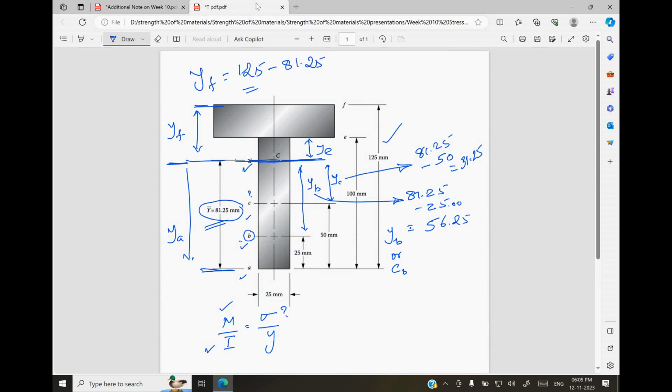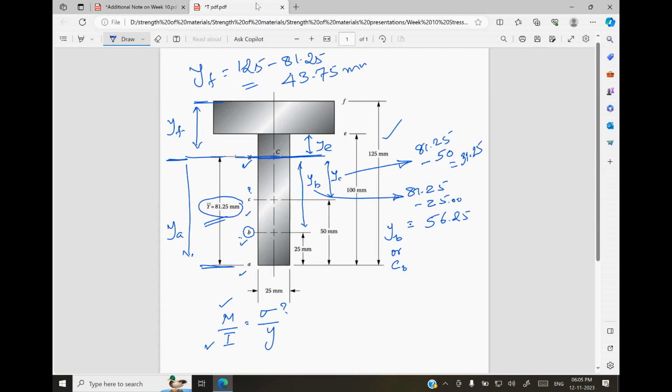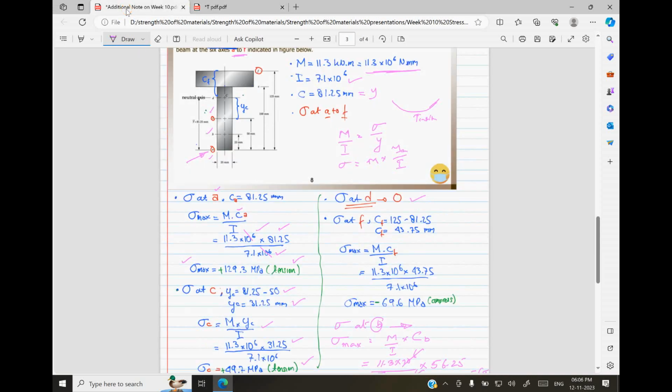This gives me 43.75 millimeter. So I have millimeter here. Let us go back here and see, 125 minus 81.25, so I'm left with 43.75.